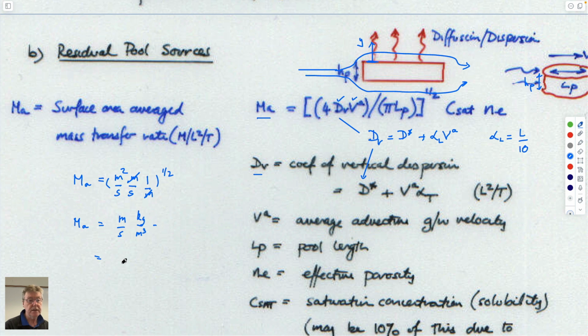So this is in kilograms per second, meters per meters cubed, which is equal to mass per unit time per area, 1 over area.